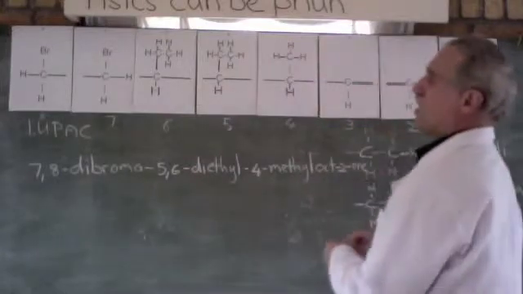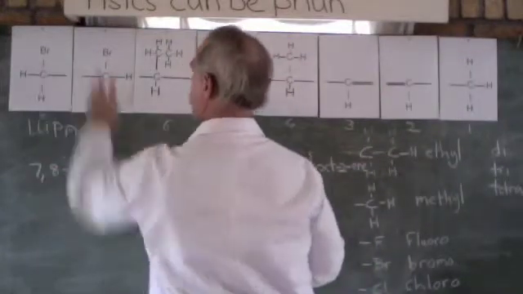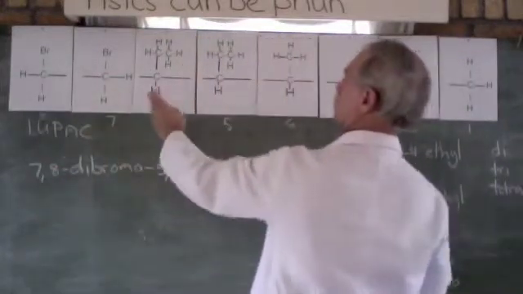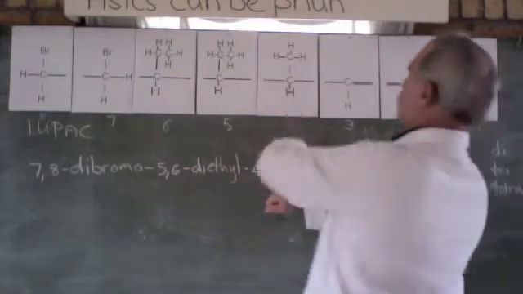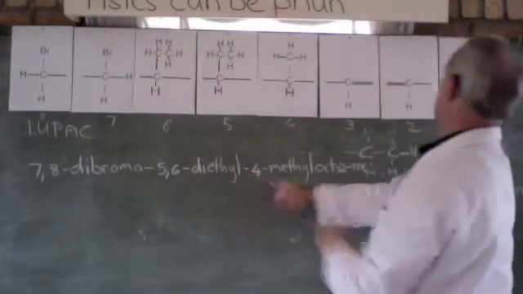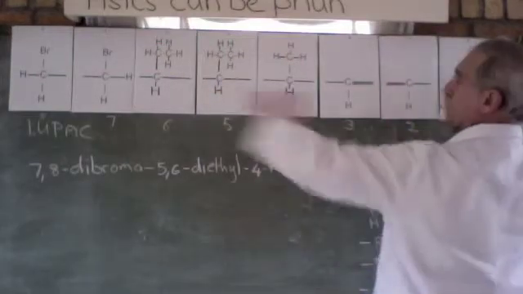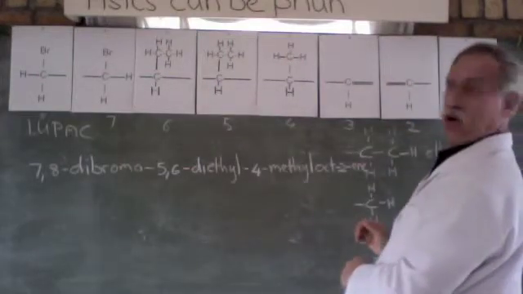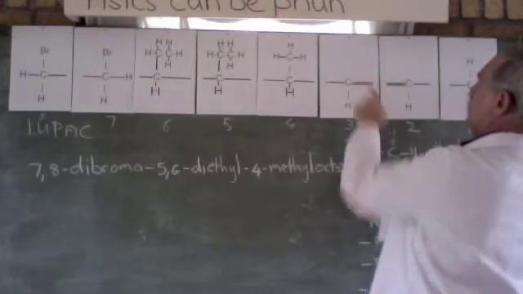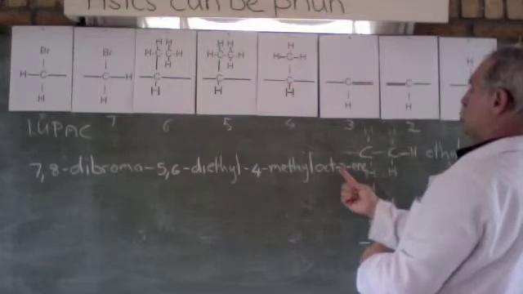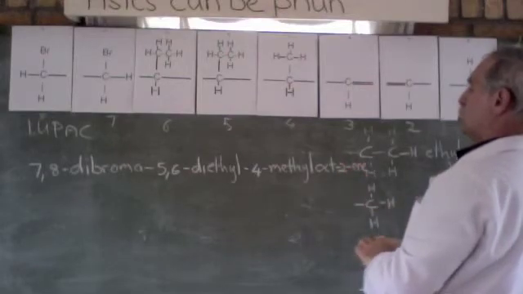We've left nothing out. So it's 7,8-dibromo, 5,6-diethyl, 4-methyl, oct meaning there's 8 carbons, 2 meaning the double bond, oct-2-ene.